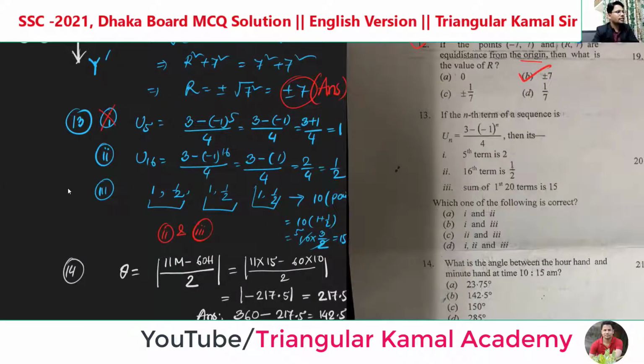Here the question number 13: if the nth term of a sequence is un = (3 - (-1)^n)/4, then its fifth term is 2 and 16th term is 1/2. Sum of first 20 terms is 15.